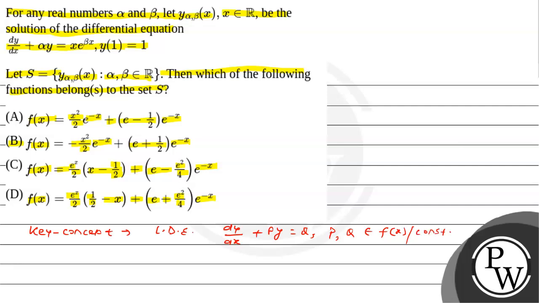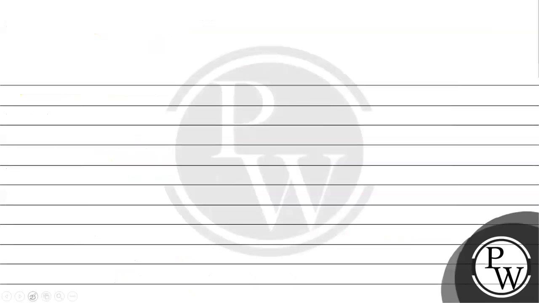For the solution, first we find the integrating factor, IF = e^(integral of P dx), and the solution is y times IF = integral of Q times IF dx + c. This is the main way to solve a linear differential equation. By this concept, we will solve the question, and here is the solution.